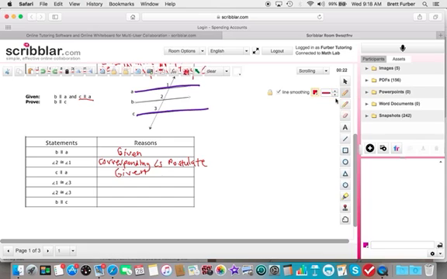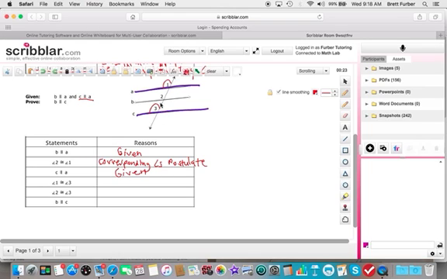Let's look at what it says next after it tells us that A and C are parallel. Angle 1 here and angle 3 here are congruent. If you're looking at line A and line C, and you compare angle 1 and angle 2, what relationship do they share in relation to line A and line C?